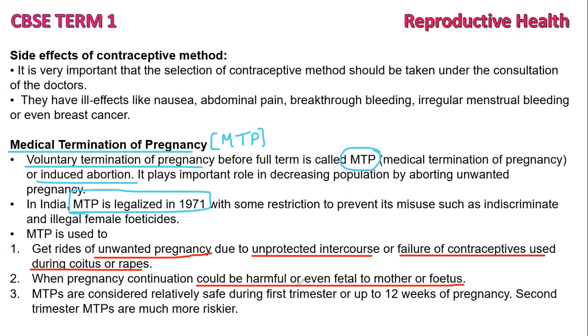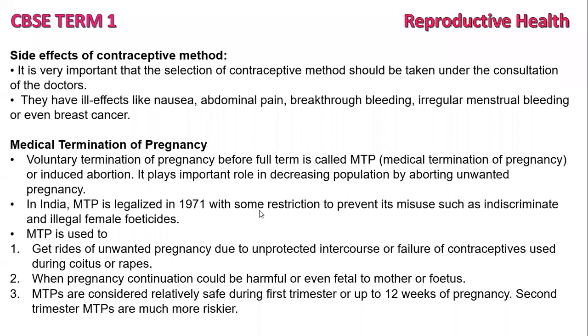MTPs are relatively considered safe during the first trimester, or up to 12 weeks of pregnancy. Very important point: first trimester, or 12 weeks of pregnancy. The second trimester is more risky because the other body parts start developing as well. Clear? So it is very important that MTPs are considered relatively safe during the first trimester, or up to 12 weeks of pregnancy.